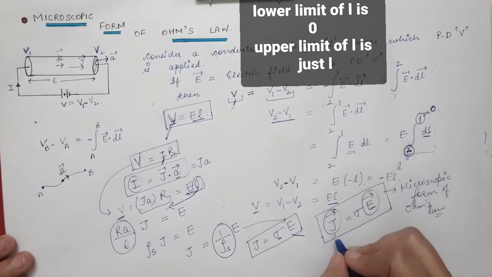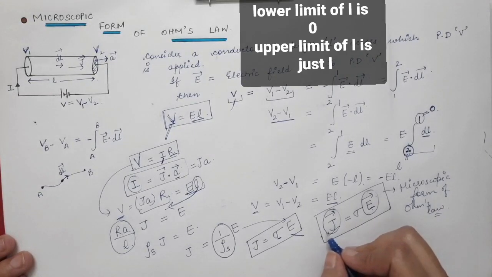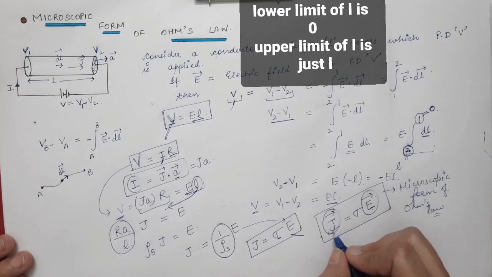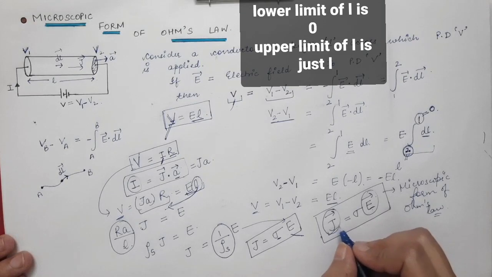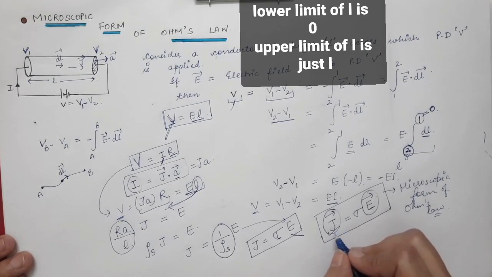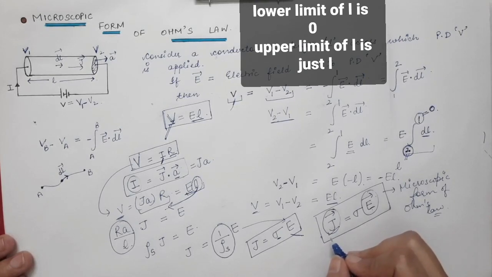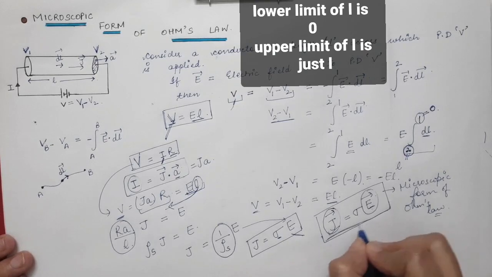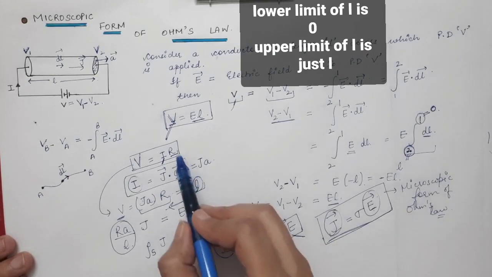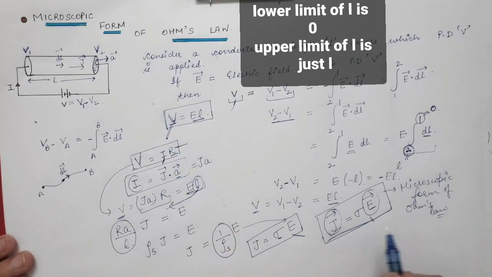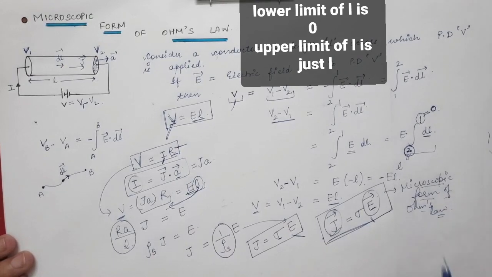Now in this case we have J vector, which is the electric current density, and we have already seen that this electric current density is defined at a single point inside the conducting material. Therefore it is called a microscopic quantity, and hence this formula which has been derived from Ohm's law is called the microscopic form of Ohm's law.